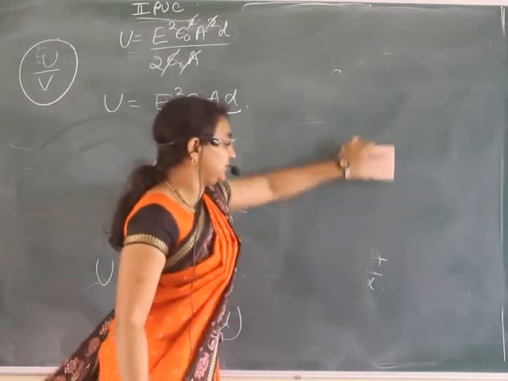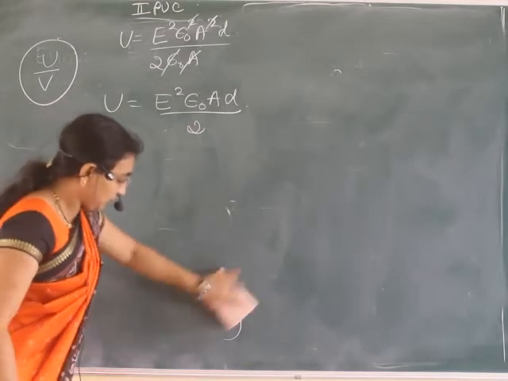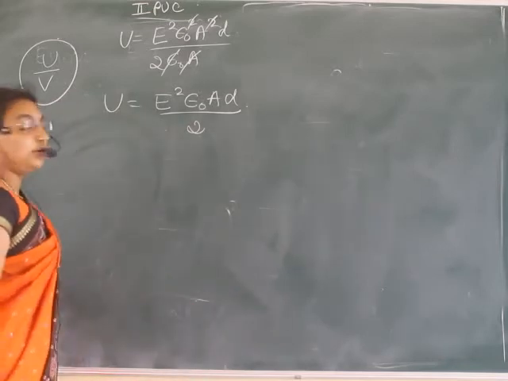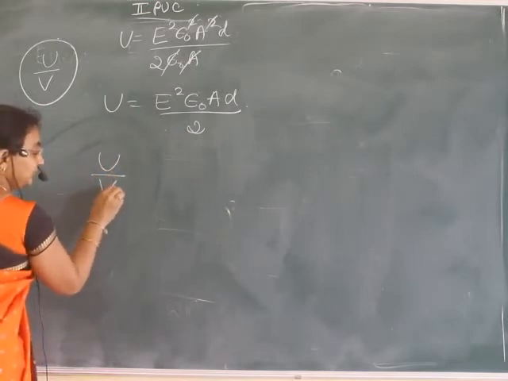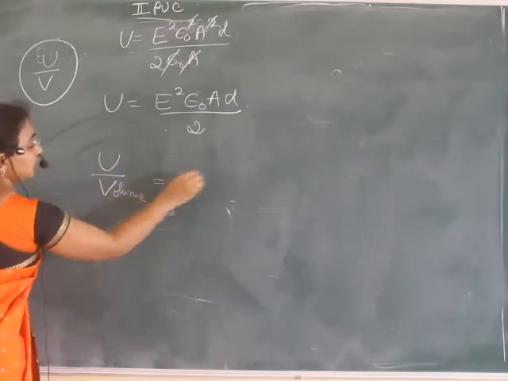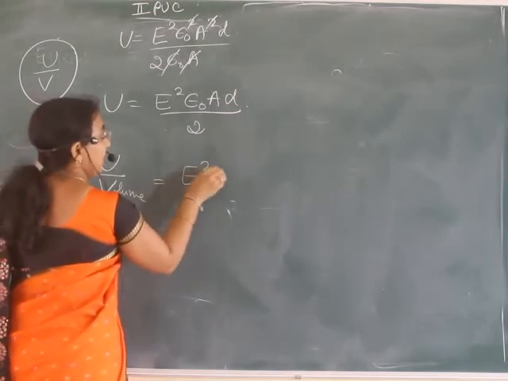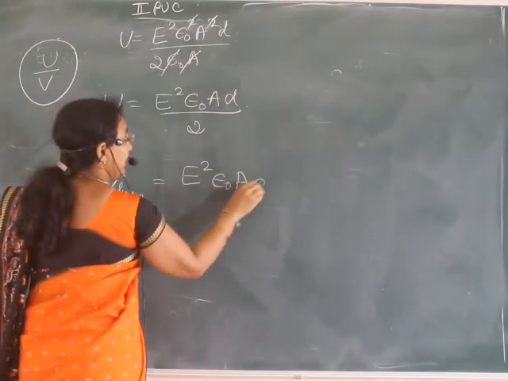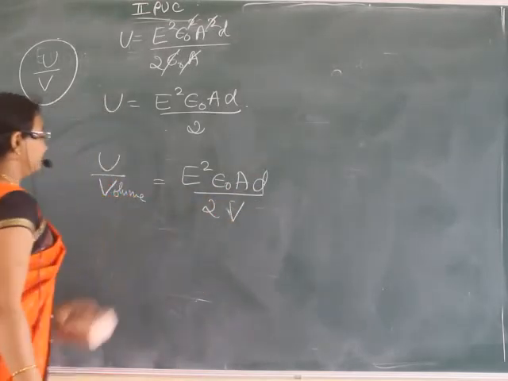We want the expression for the energy stored per unit volume. Energy stored per unit volume means U by V.